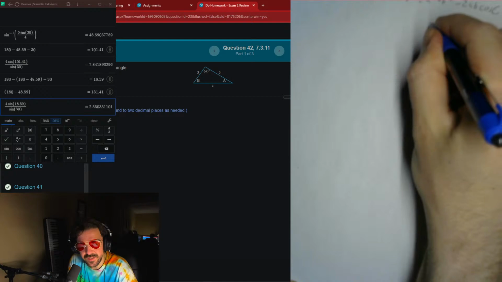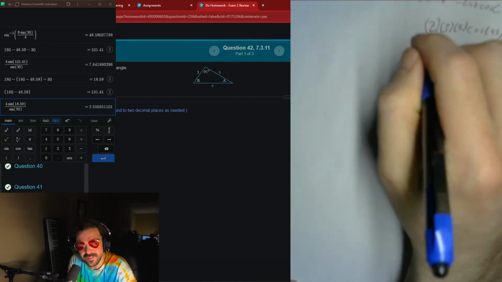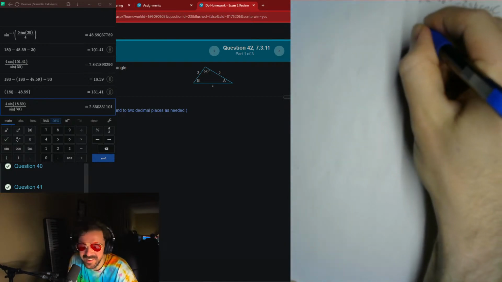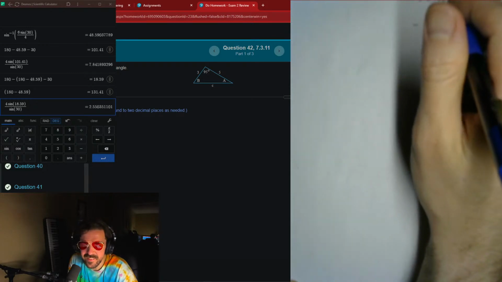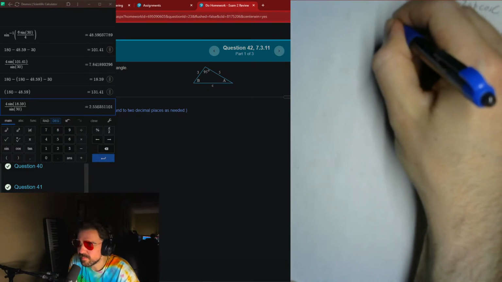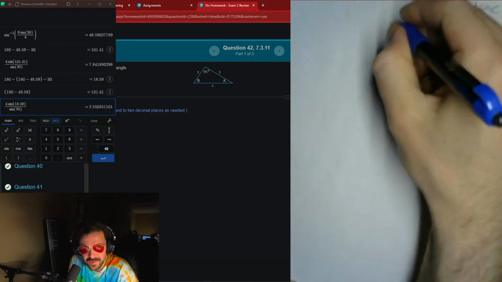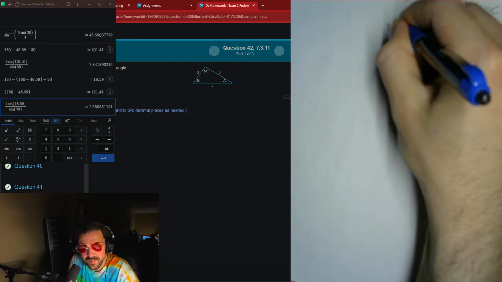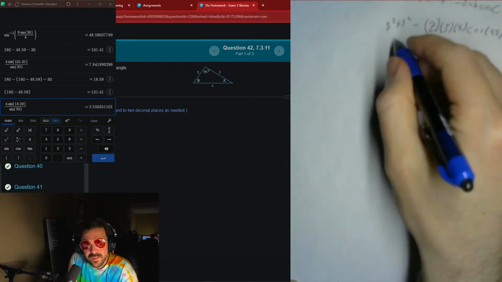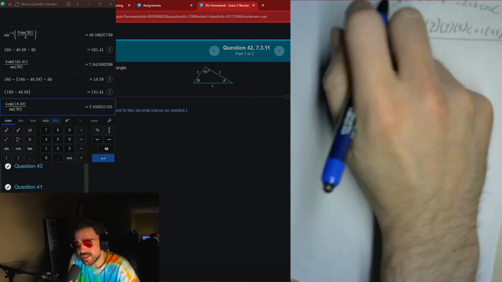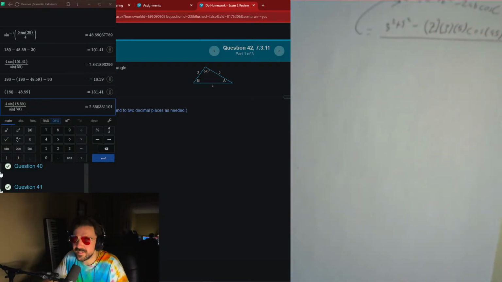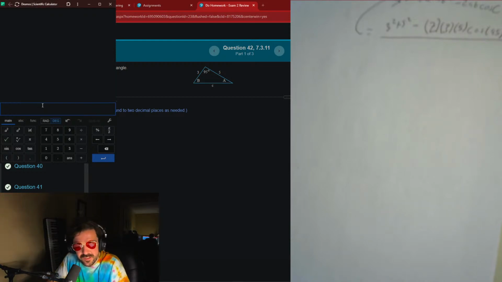We have 2 here as well. And then 3 squared plus 5 squared, and that equals this, which is what we're trying to find, the side C, the squared version.